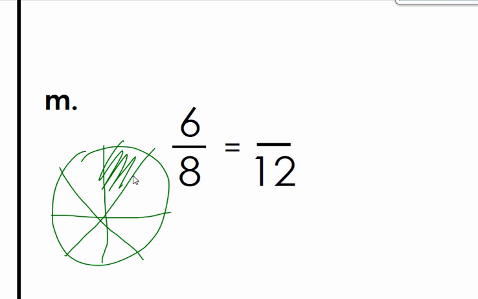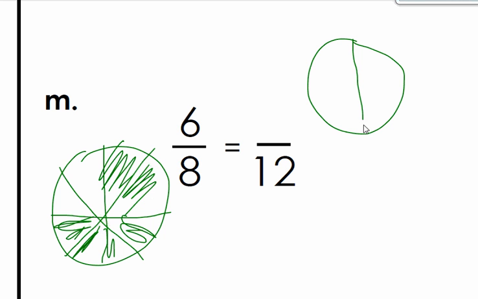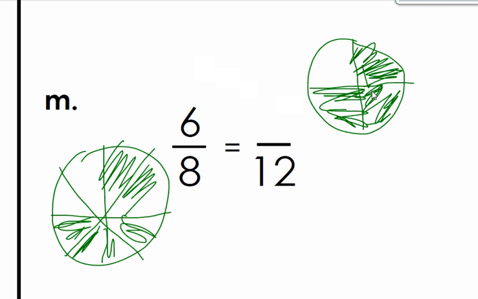So 1, 2, 3, 4, 5, 6. So if I had a pie like this, how much of the pie is colored in? 3/4, right? Okay.